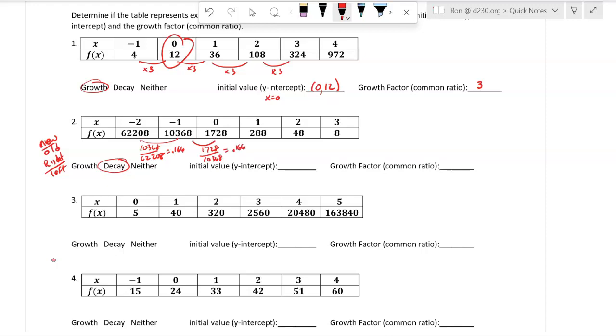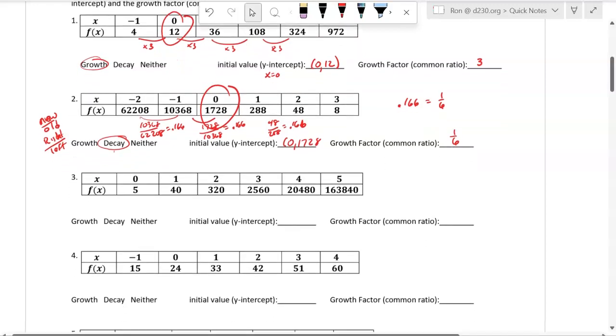Now, if you keep doing it in the calculator, and you do 48 over 288, you should get 0.166 repeating. Now, 0.166 repeating is the same as 1/6. That means we're multiplying by 1/6 each time. That's decay because we're going down. Our y-intercept is 0.1728, and the growth factor, or decay factor in this case, would be 1/6.